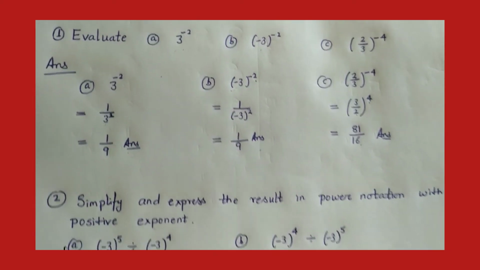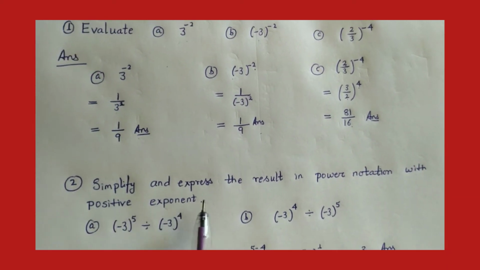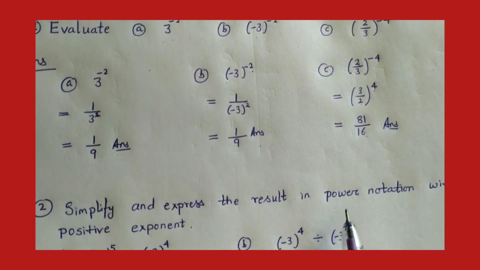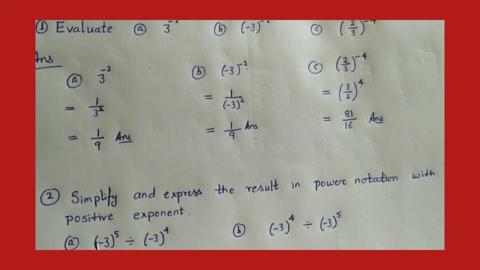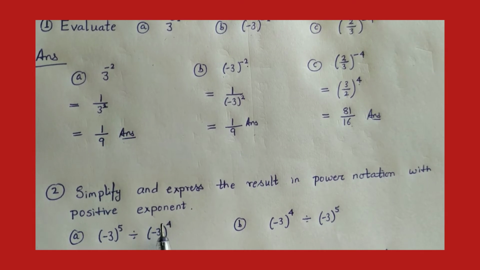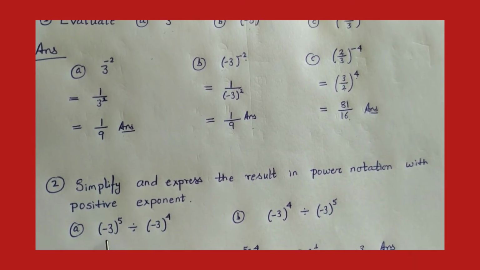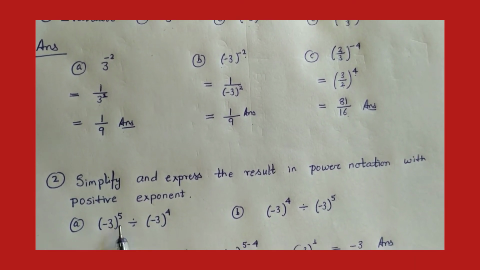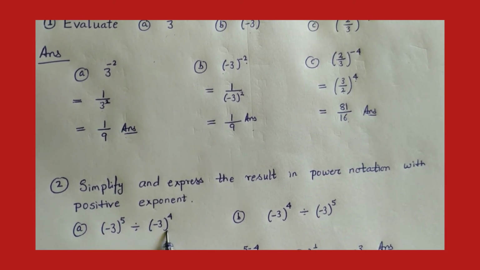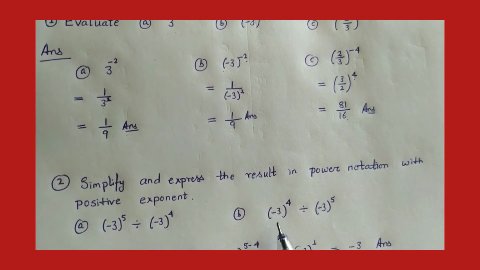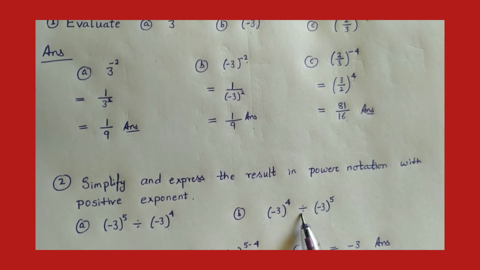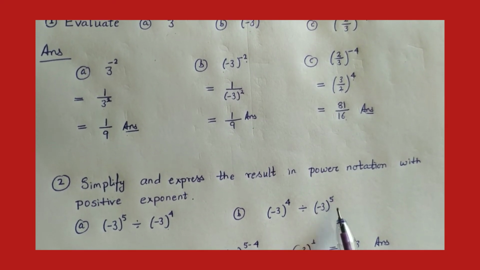Second question: simplify and express the result in power notation with positive exponent. A: (minus 3) to the power 5 divided by (minus 3) to the power 4. And B: (minus 3) to the power 4 divided by (minus 3) to the power 5.